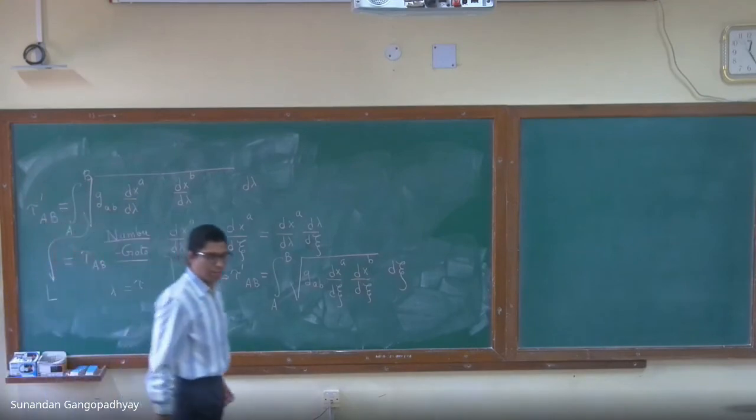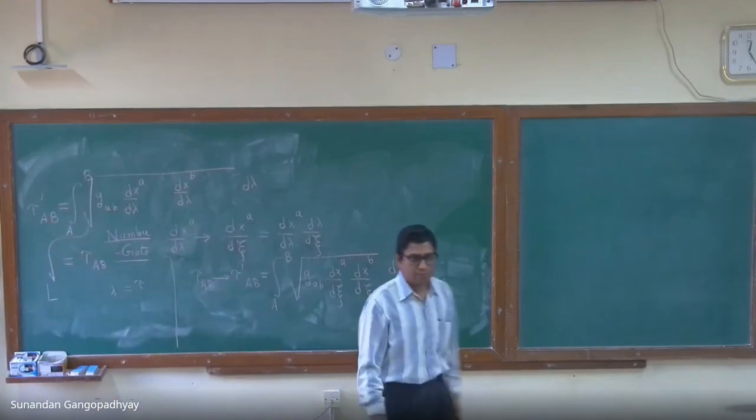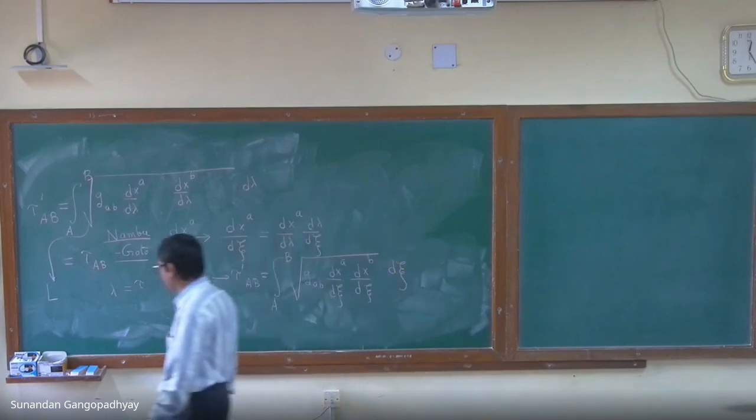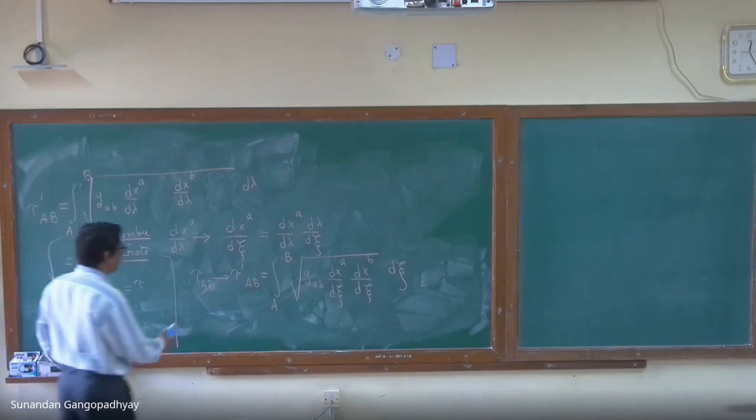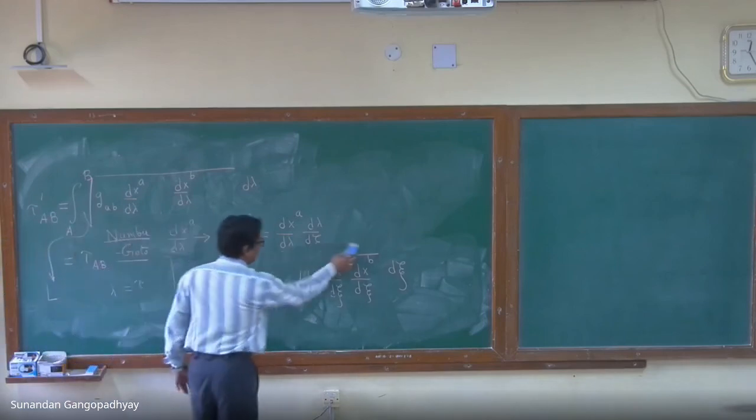So choose a particular gauge, lambda is equal to tau, because it is reparameterization invariant. And let us vary the action.